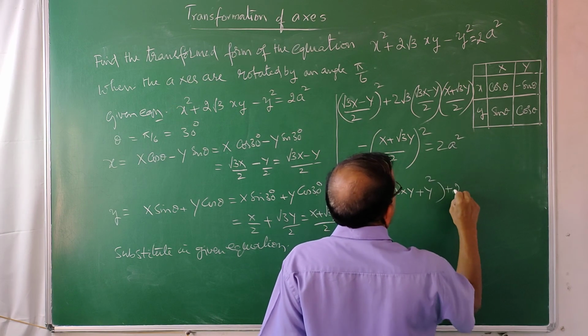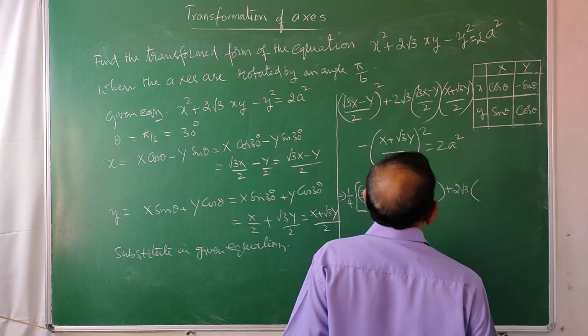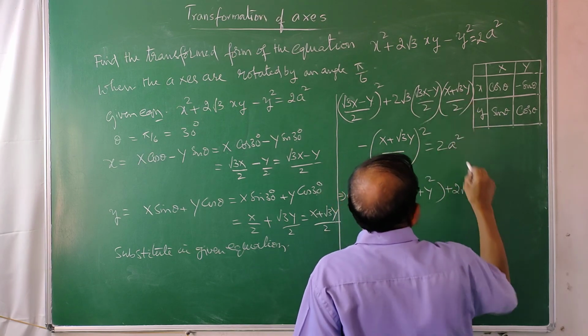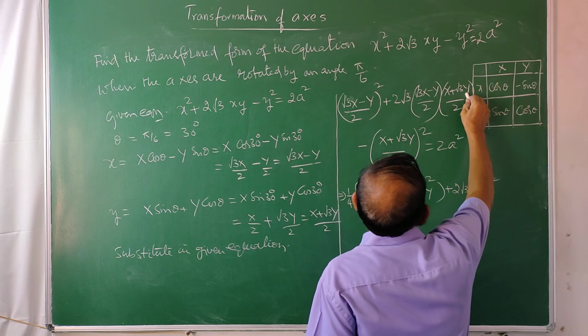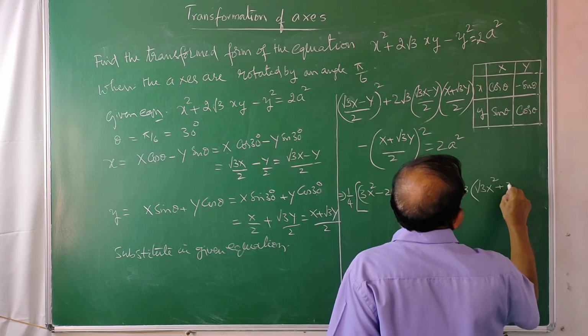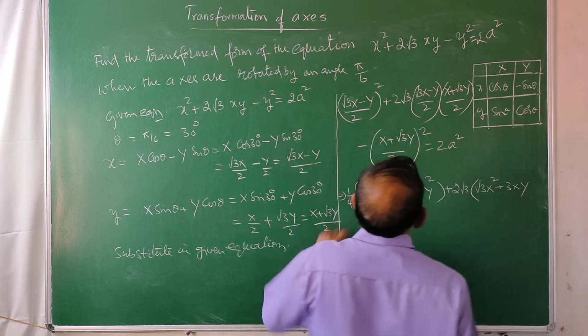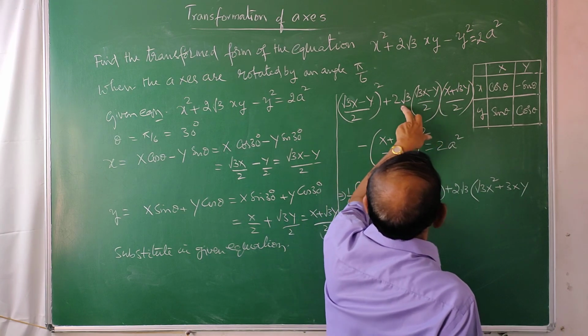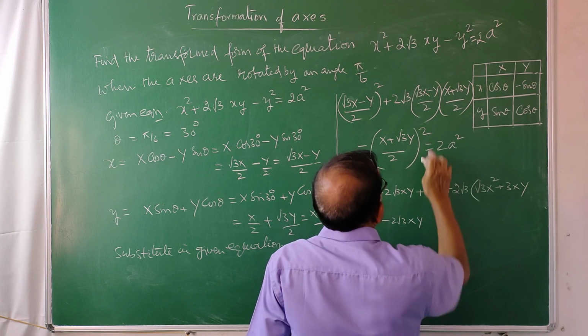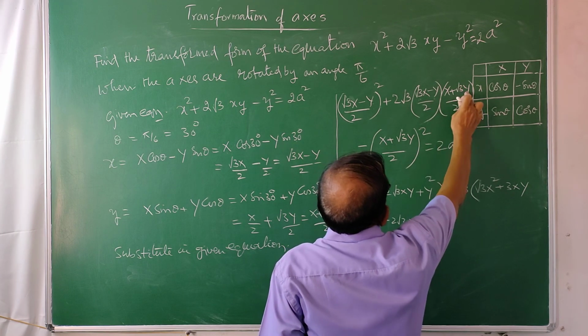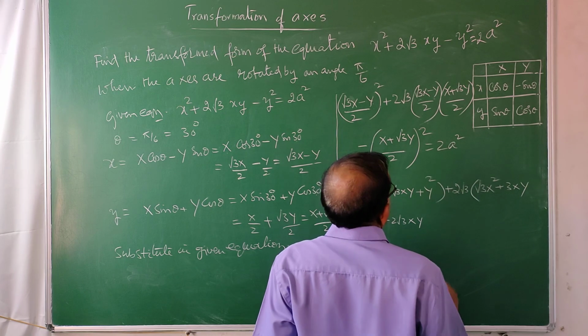Now the second term, 2 root 3 into root 3x into x, root 3x square, root 3x into root 3y, 3xy, minus y into x, minus xy into 2 root 3, minus 2 root 3 xy, and minus y into root 3y, minus root 3y square.